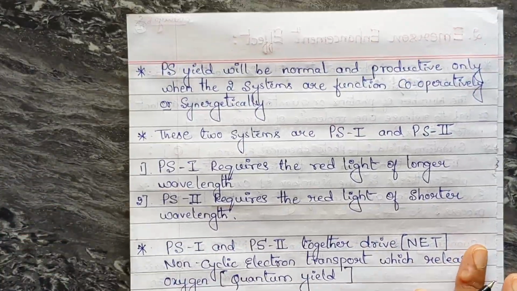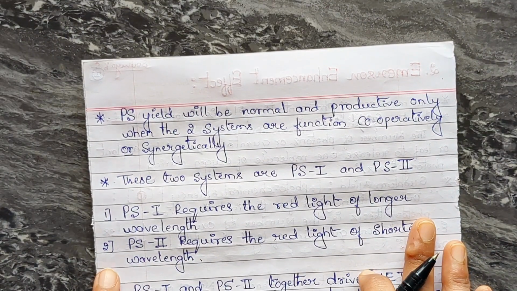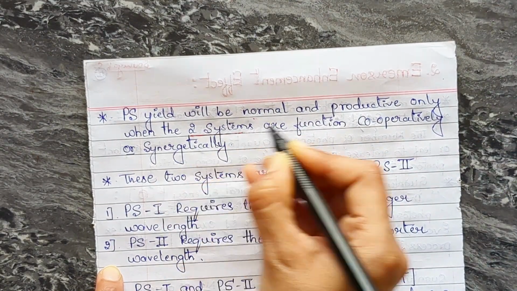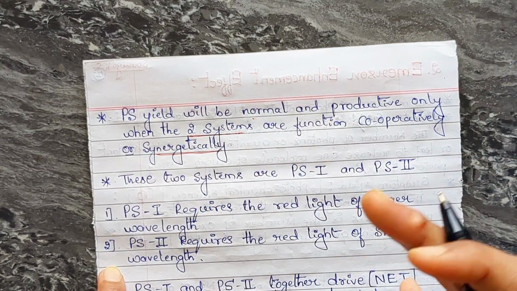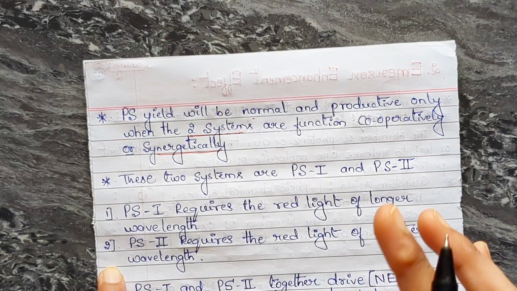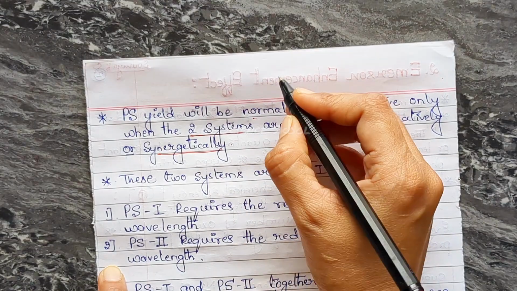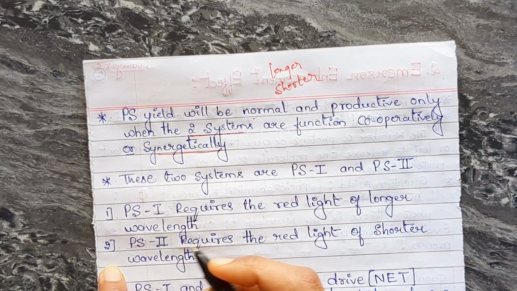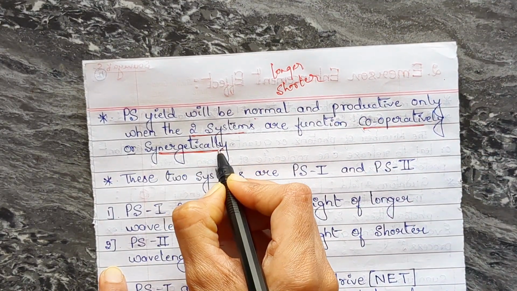Now the next point. The photosynthesis yield will be normal and productive only when the two systems function cooperatively and synergistically. So if you want to see the photosynthesis yield or quantum efficiency, that is only going to happen normally and productively when the red light of longer wavelength and the red light of shorter wavelength are given simultaneously, cooperatively or synergistically.